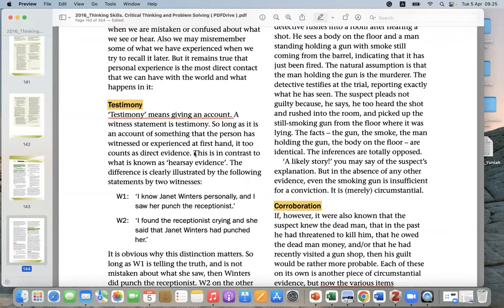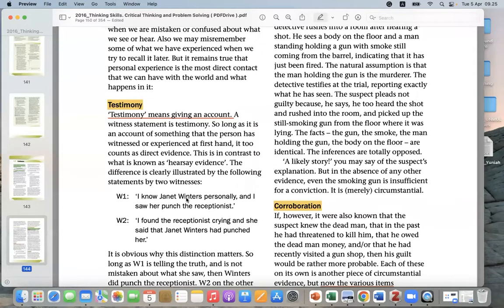Testimony. So in this book, I think it is called account. Account means narrations. Yeah, not account in the bank, but account in this case is the narration, written form, or a spoken form of a given statement. This is called a testimony.